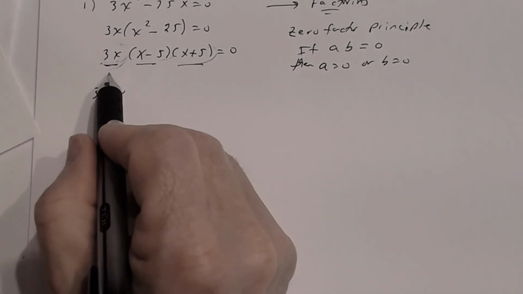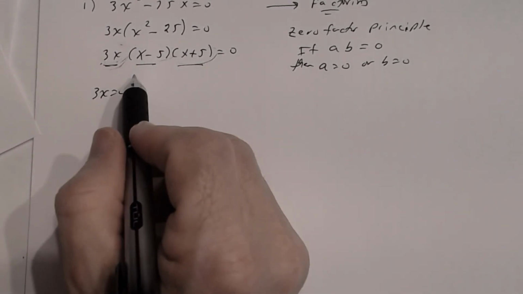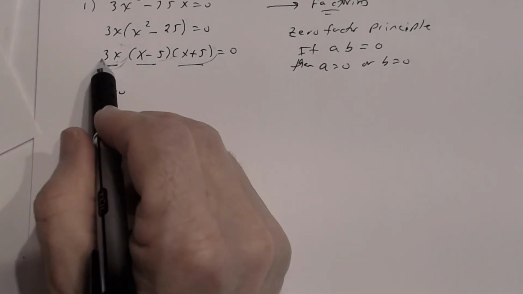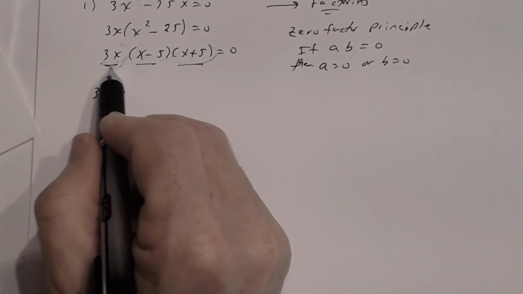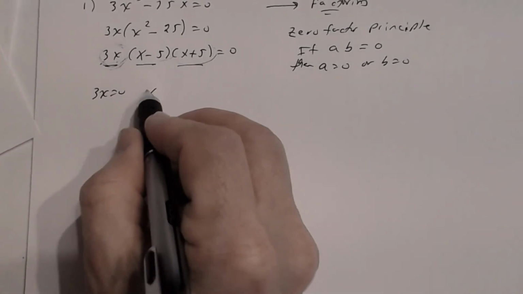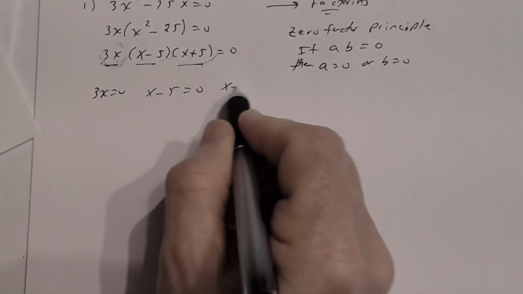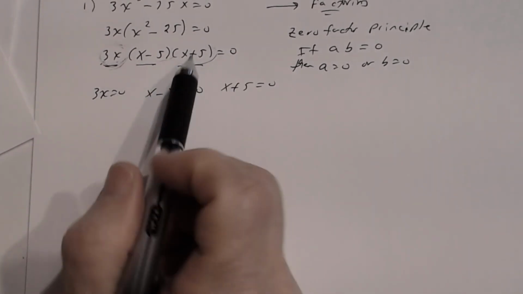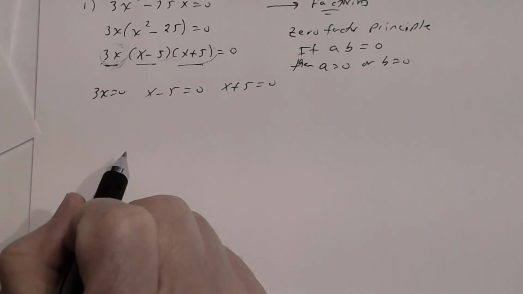If you need to underline the factors that you're going to set equal to 0, go ahead and do so. Even though this is two factors, 3 and x, let's consider it as 1. So we get 3x equals 0, x minus 5 equals 0, and x plus 5 equals 0. Notice that you end up with 3 linear factors.